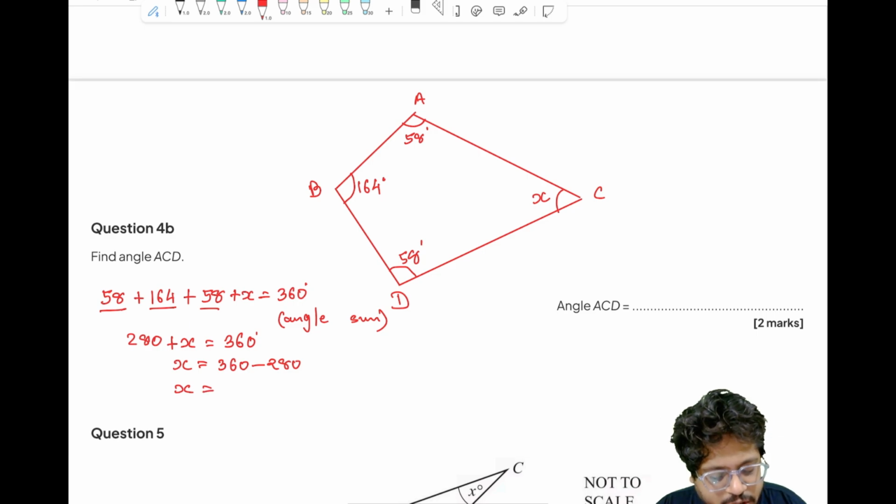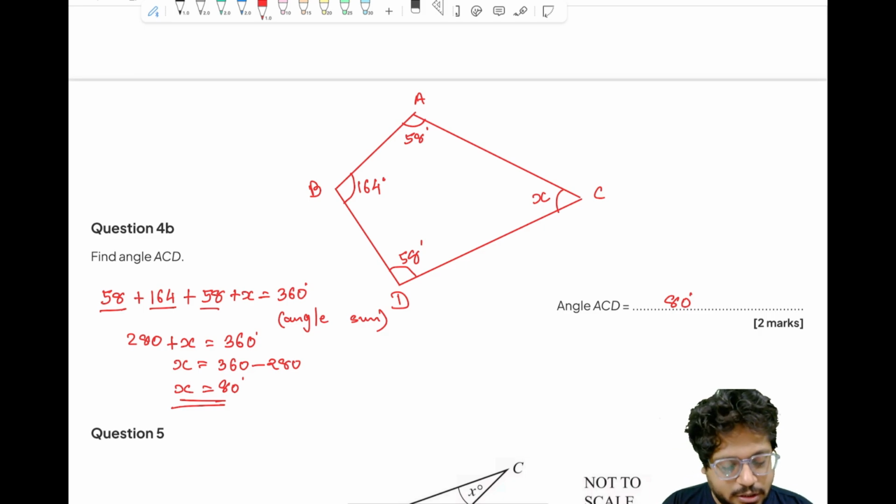So X will be what? 360 minus 280 is equal to 80. So your angle ACD is 80 degrees. Mind my word that this is non-calculator, so just keep your mental calculation in check. Don't forget that there is also a paper 2 in IGCSE extended, exactly like paper 4, that is non-calculator.